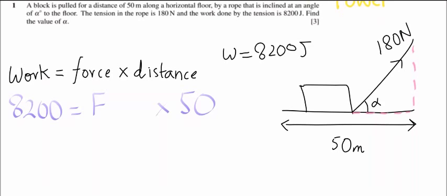If I take F equal to 180 newtons, the vertical component is going to be F sin alpha, and the horizontal component is going to be F cos alpha.